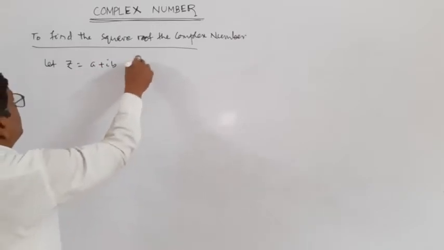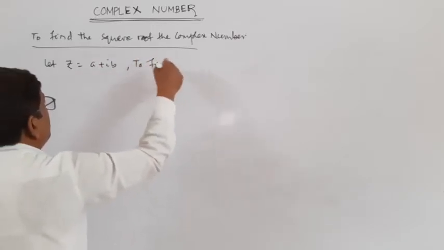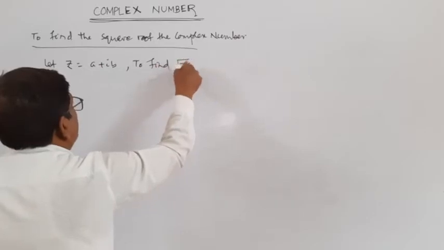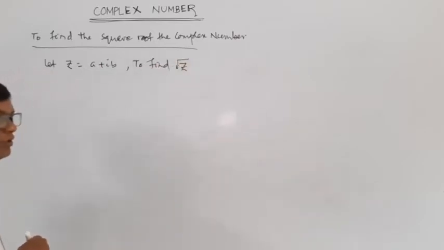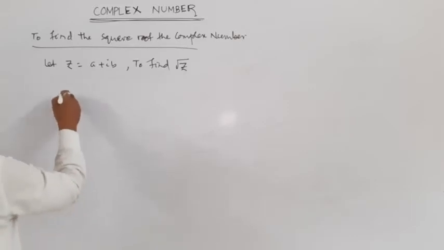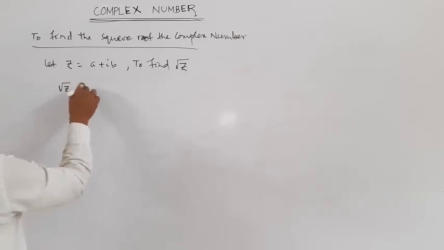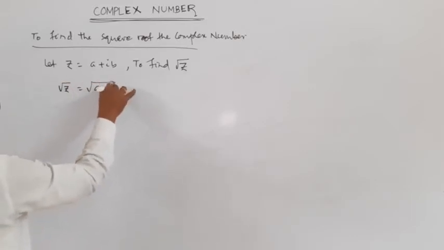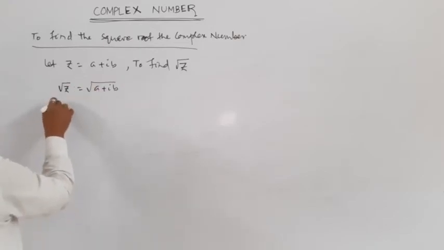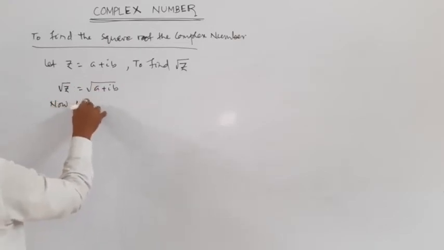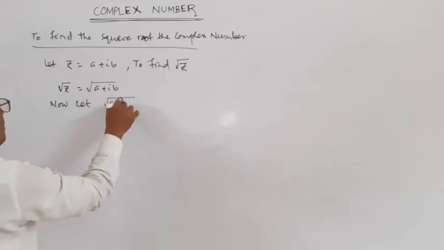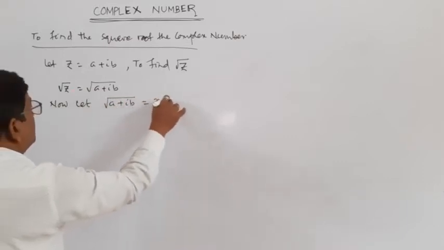To find root z, root z is equal to the square root of a + ib. Now let the square root of a + ib be equal to x + iy.